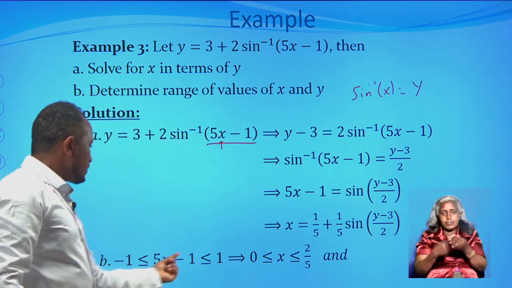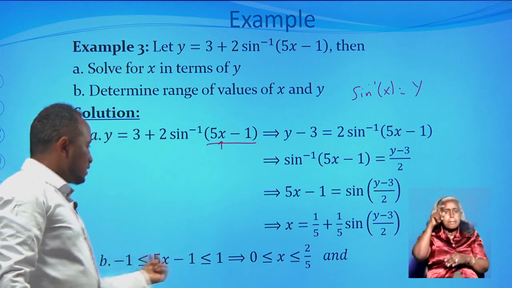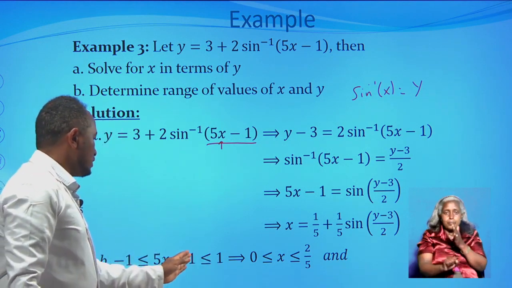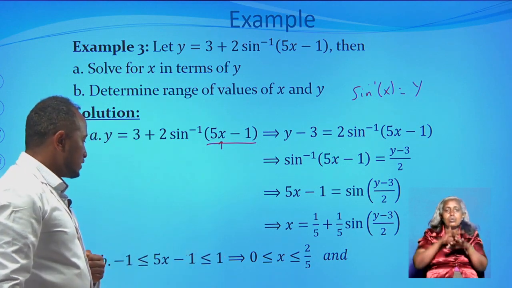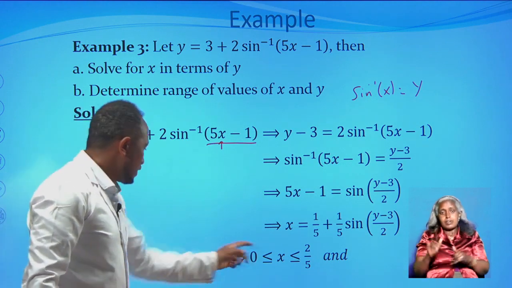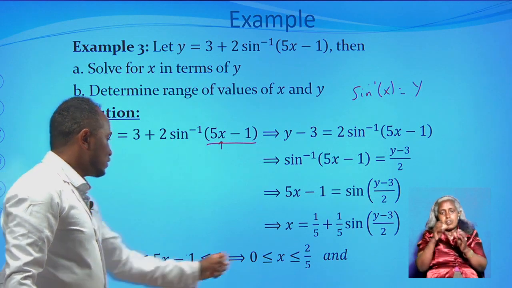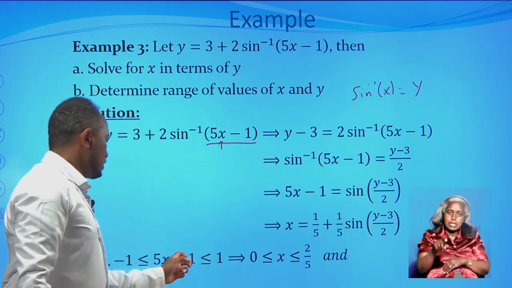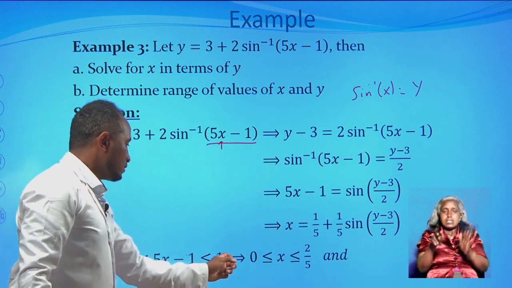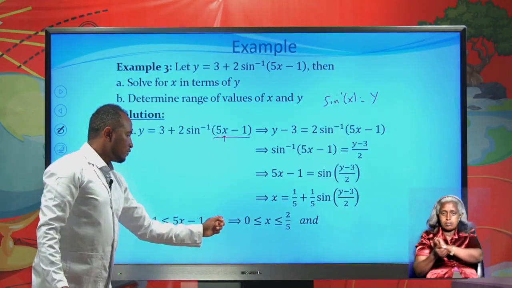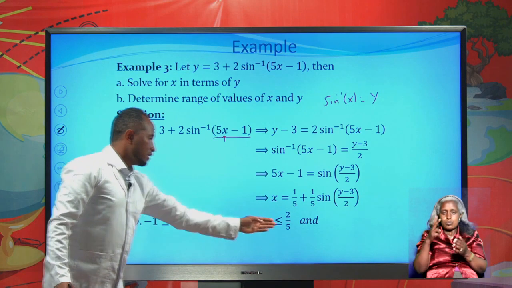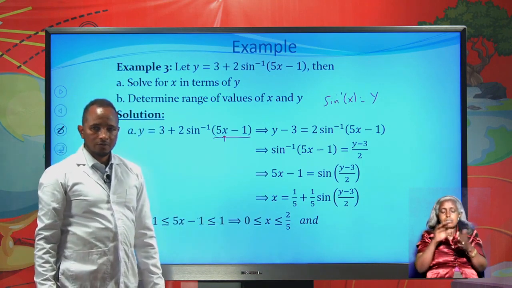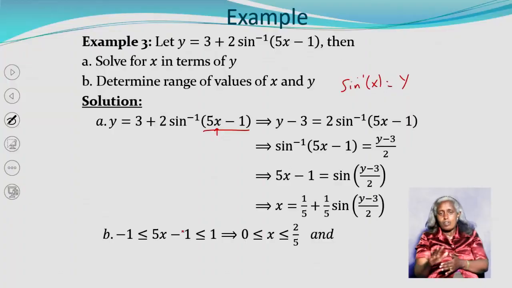Therefore, 5x minus 1 must be on the interval between -1 and 1. So, adding 1 on both sides and dividing by 5, you will have -1 plus 1, it is 0 over 5, 0, less than or equal to x. Then 1 plus 1 is 2 over 5. So the value of x ranges between 0 and 2 over 5. And the value of y.